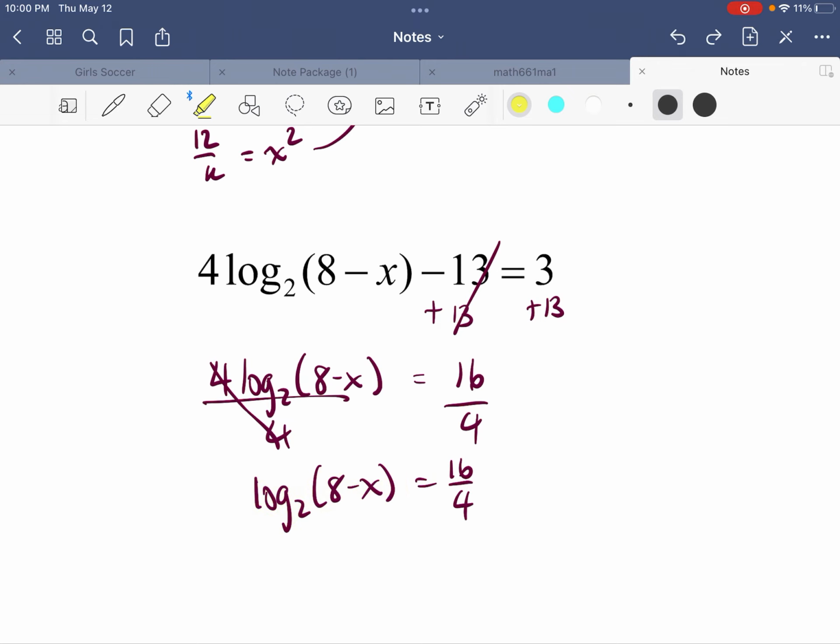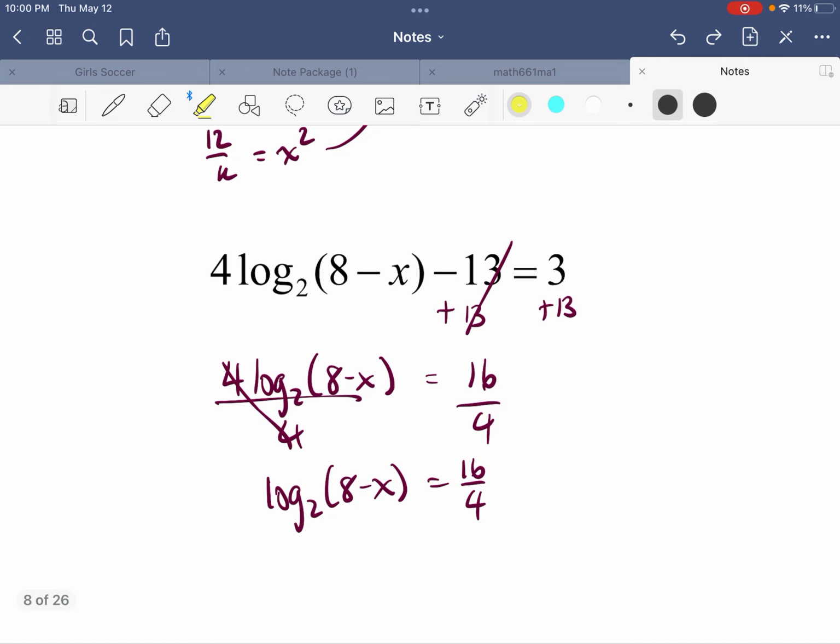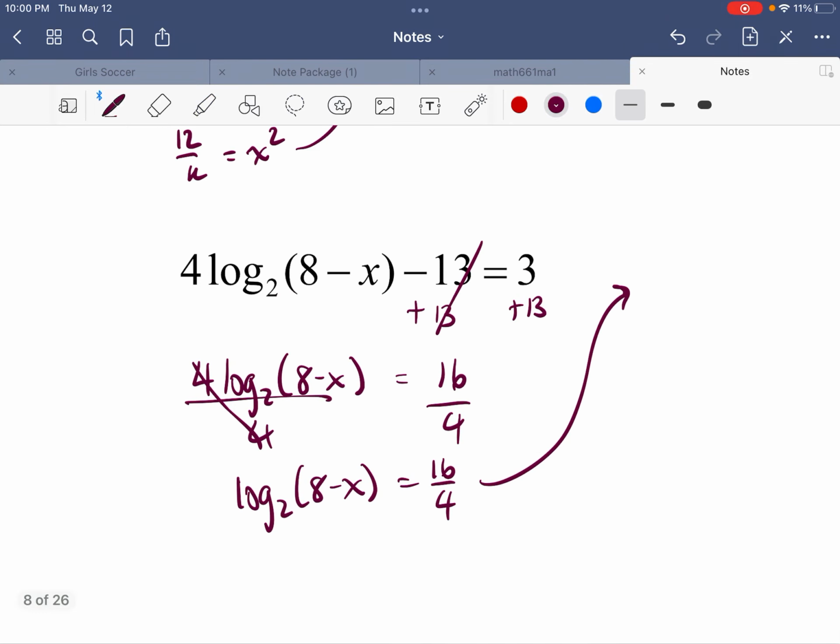There's no coefficient, there's no constant hanging out. So now we can rearrange this. We're going to get 2 to the exponent 16 over 4. 16 divided by 4 is just 4. So 2 to the 4 is equal to 8 minus x.